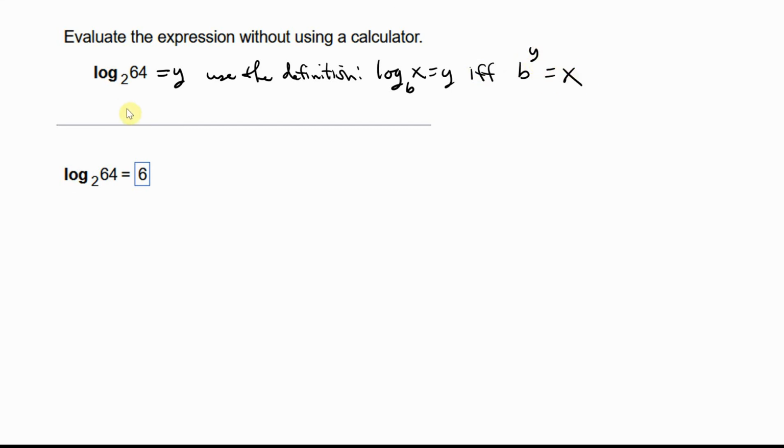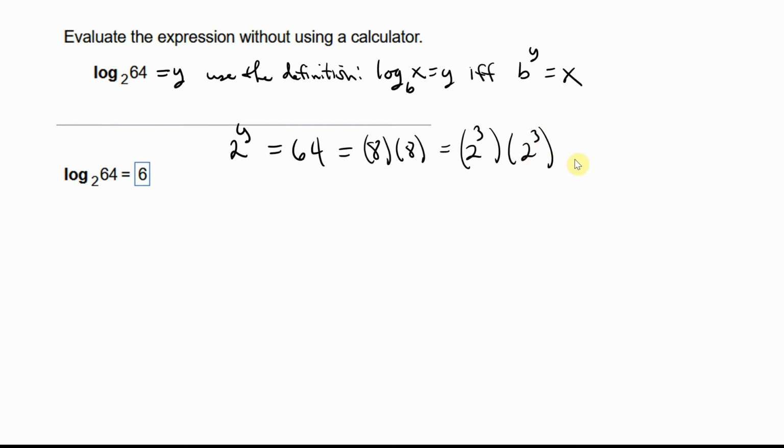Well, here the base is 2 raised to the y is equal to 64. We're solving for y. Now notice that 64 is 8 times 8, and 8 is 2 to the third, and that's times another 2 to the third, so we get 2 to the sixth.